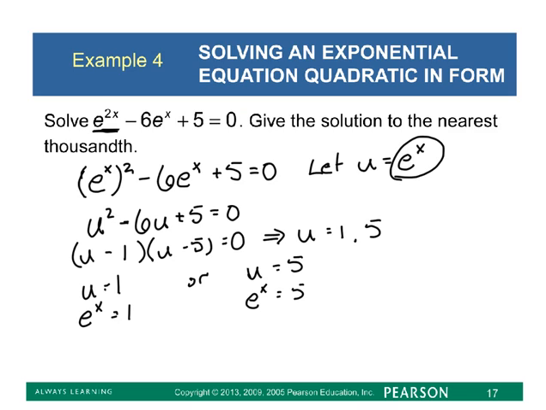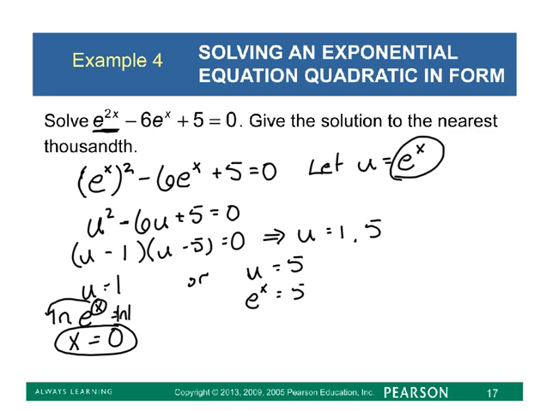So take the ln of both sides of our equation, and then this brings our exponent down, and ln of e is equal to 1, so this is actually just equal to x, and ln of 1, that is equal to 0. So here's one of our solutions to our equation.